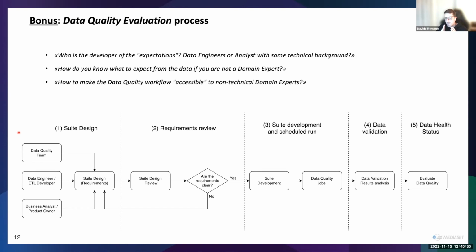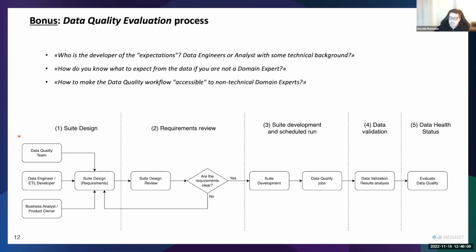So what we expect is to compile a requirements document, written in natural language, that represents, like in software development, the information about the table that you want to cover with an expectation suite. So the list of the columns and what you expect to achieve from each column.